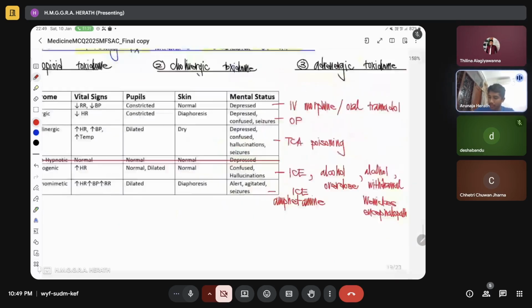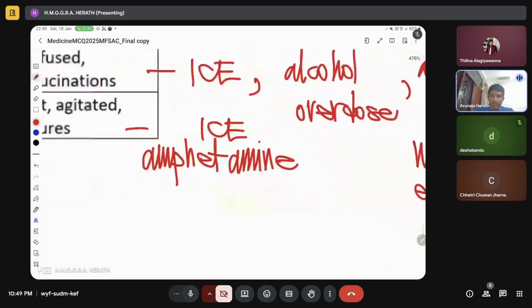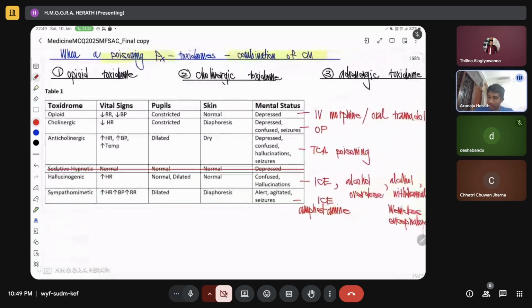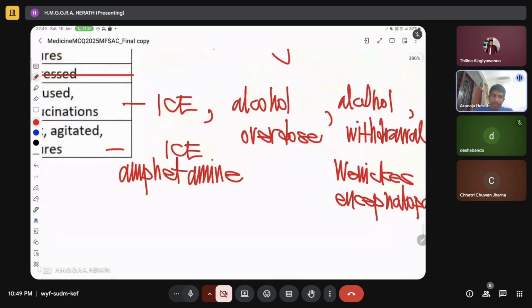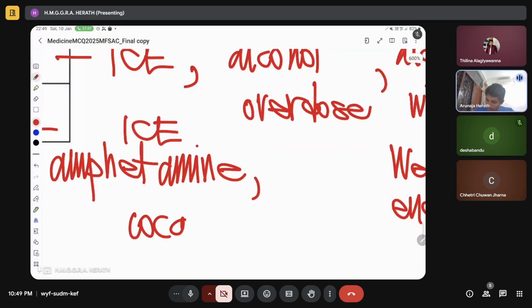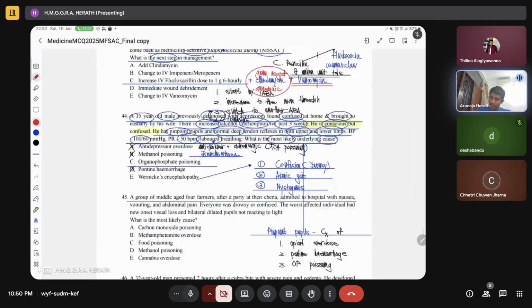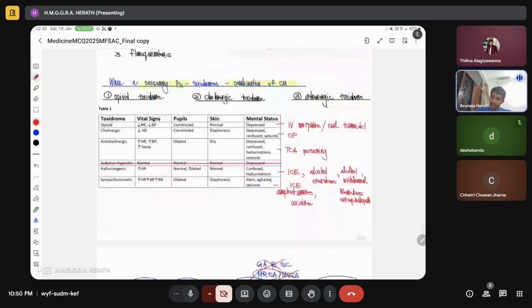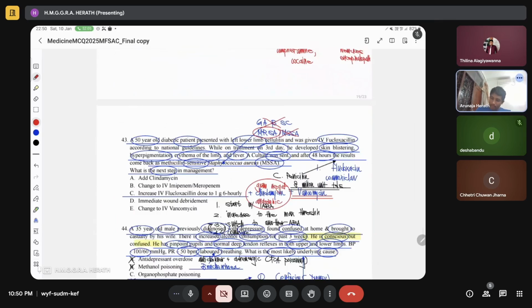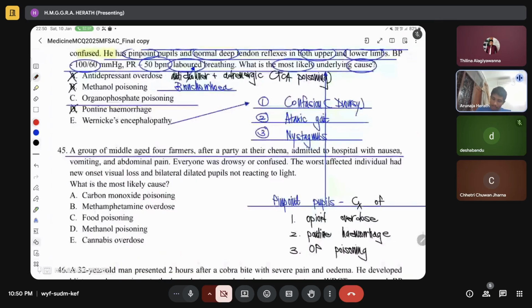Methamphetamine, ice, causes sympathomimetic toxidrome, and also a hallucinogenic toxidrome. And then cocaine can also cause sympathomimetic toxidrome. Is cocaine a stimulant or suppressant? Stimulant. These are the drugs, and these are the common toxidromes seen in patients. So remember that. Okay, so we go to the next one.